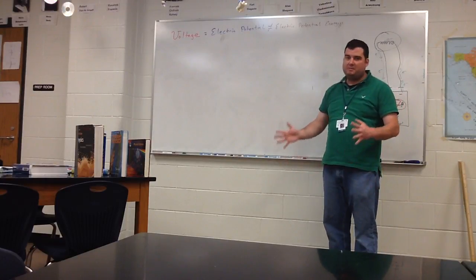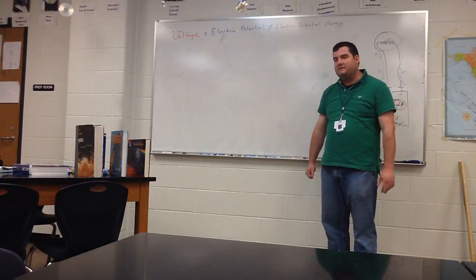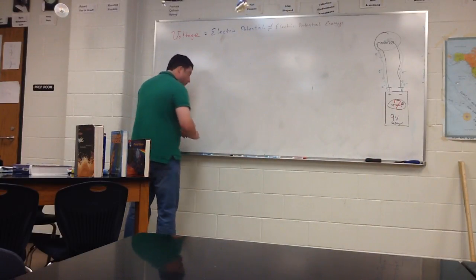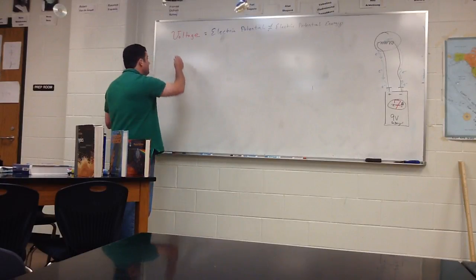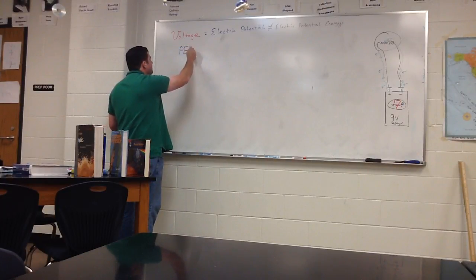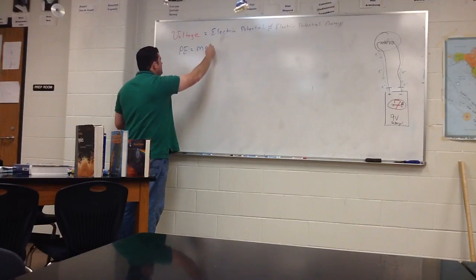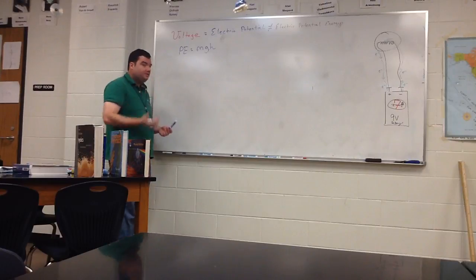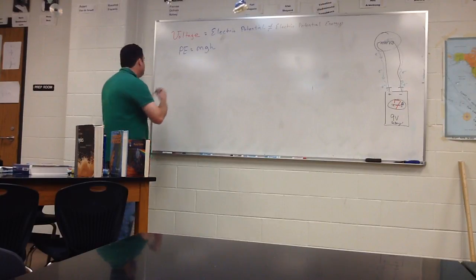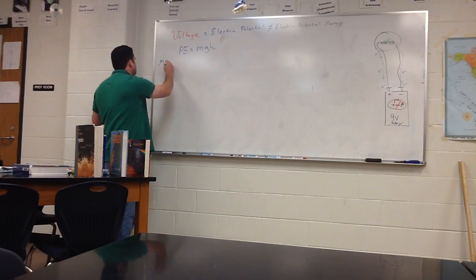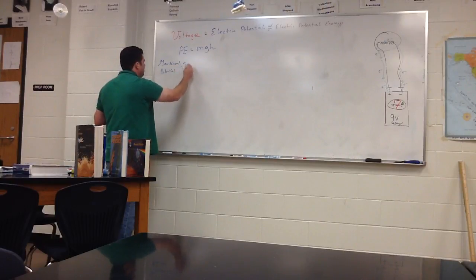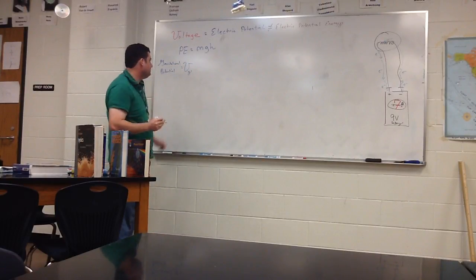So I want to take a step back from electricity and go into gravity. You know the equation for gravitational potential energy. It's PE equals mgh. And I'm going to define something called gravitational potential. We'll call it Vg, for gravity voltage.